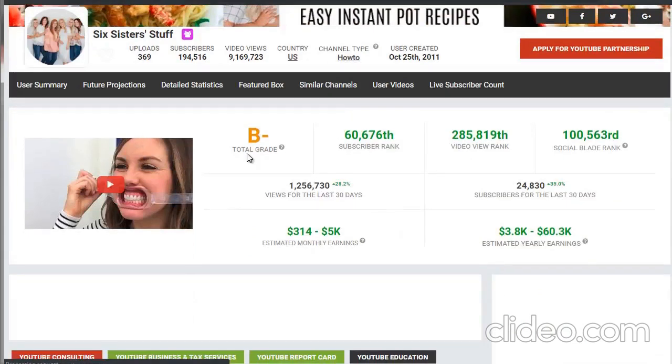So right off the bat, we can see that if we were to rank on the keyword Instant Pot, it's going to take a lot to break through. But the way we can break through is by using subcategories of that keyword, like Instant Pot recipes or Instant Pot chicken recipe, stuff like that.